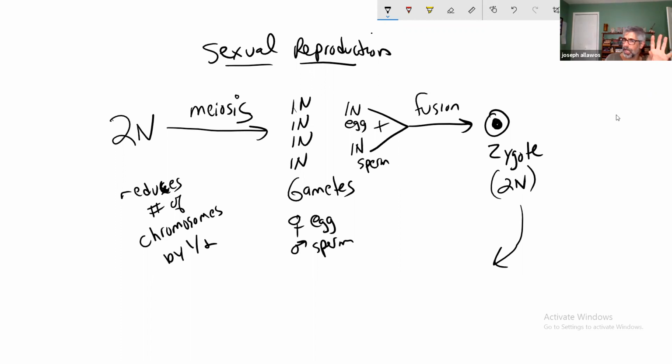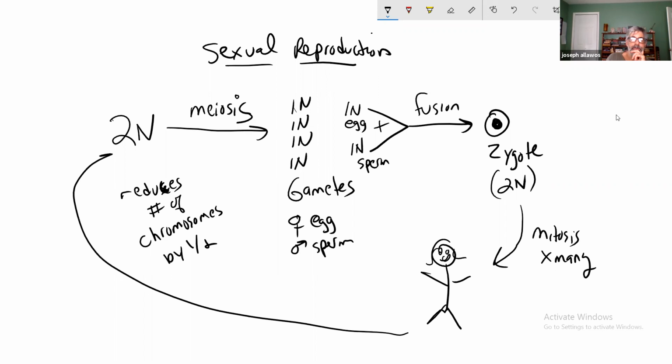We all started as a zygote when our daddy's sperm and our mama's egg fused together. Guess what? From this one cell, mitosis times many makes the organism, right? Okay, and then we're back over here where we started.